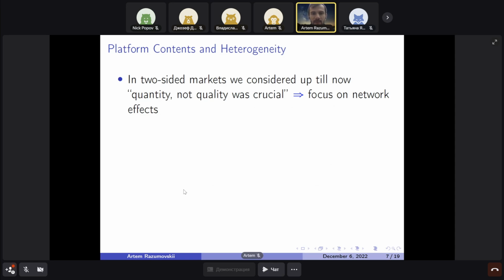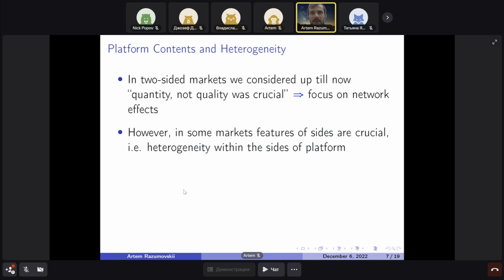Firstly, we will consider quality, not quantity, of the product. We literally discussed that a bit before. We were focusing on quantity, so how many agents or how much product we can buy or get access to.